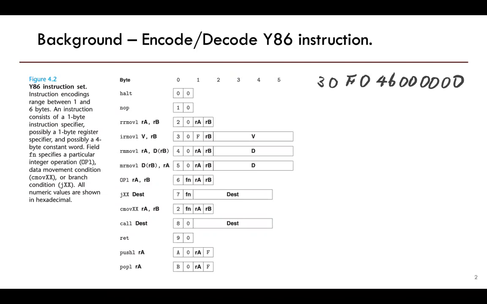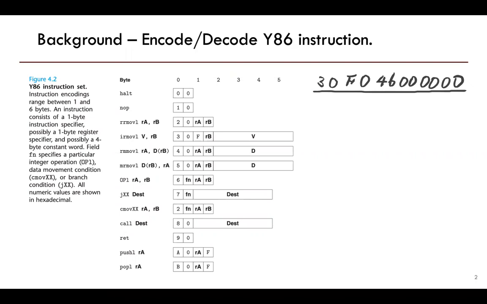But we know the maximum instruction size is 6 bytes. So we just unconditionally fetch 6 bytes first. Then let's say we fetch these 6 bytes of instruction machine code from the memory and put them into a special register inside the processor.